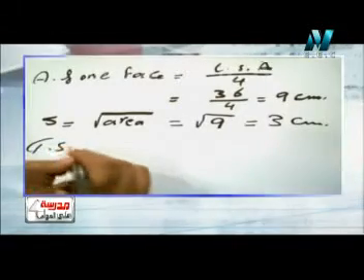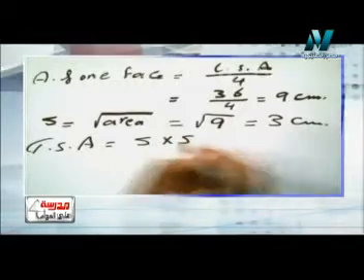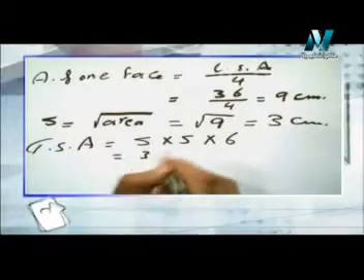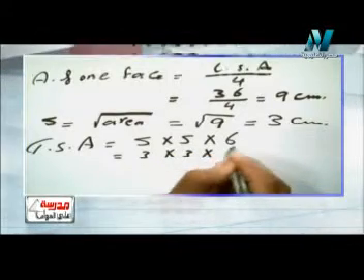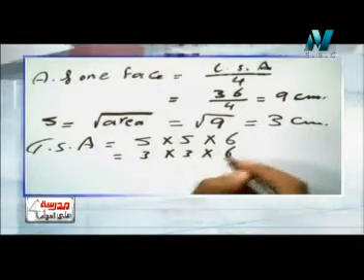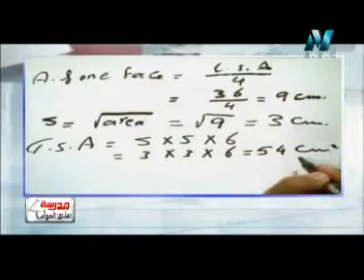Total surface area equals side times side times 6, which equals 3 by 3 by 6. We can use the calculator to find it, equals 54 centimeter square. We studied in the first term the volume of a cube. How to find the volume of a cube?